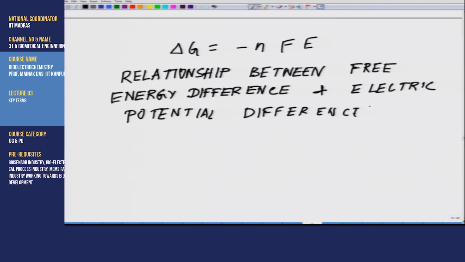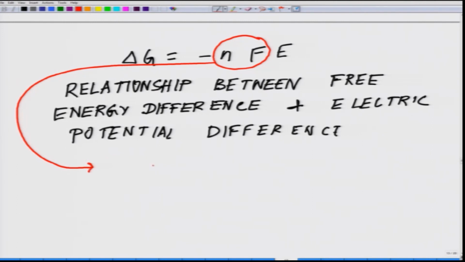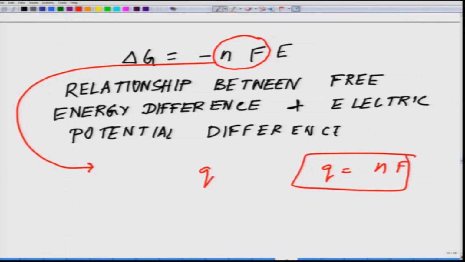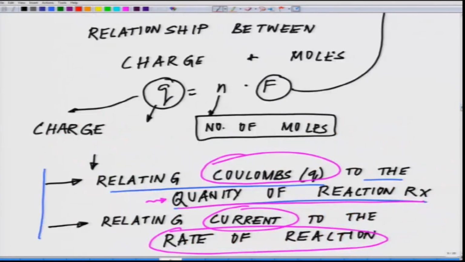In other words, if you look at this term NF, you remember that this was the term Q. Q is equal to NF, the total amount of charge. This is the Faraday's constant we talked about, if you remember, in the very early classes.